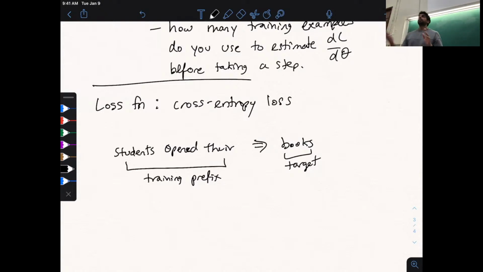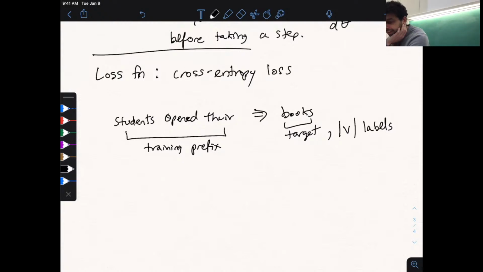And if you think about language modeling as a classification problem, right, our softmax layer produces a vector of size V, right? So there's V possible labels. So essentially the size of the output space is V, the size of the vocabulary, and we are trying to maximize the probability of books and minimize the probability of all of the other words in the vocabulary given this prefix. That is our maximum likelihood estimator here.